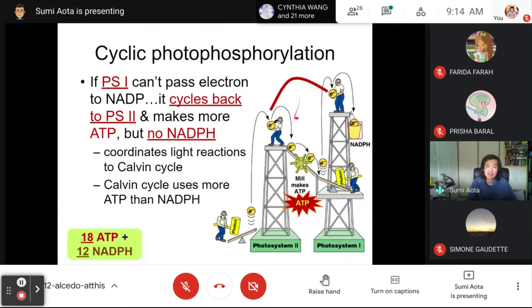When the system starts running out of ATP, the light reaction will switch from non-cyclic to cyclic. So the electrons will simply loop back here and they'll do this until you have enough ATP to make more glucose, at which point the system goes back to non-cyclic. Okay? So cyclic photophosphorylation is a way of making sure that you have enough ATP to make the sugar. So 18 ATP and 12 NADPH make one glucose molecule.